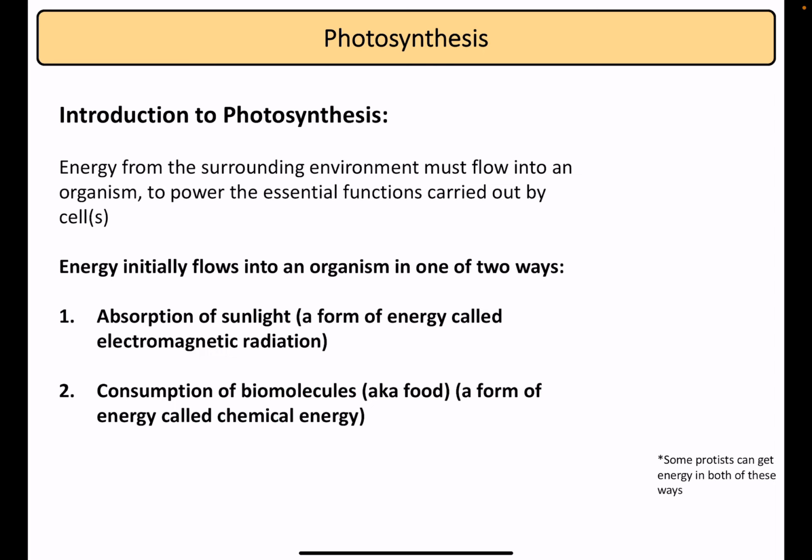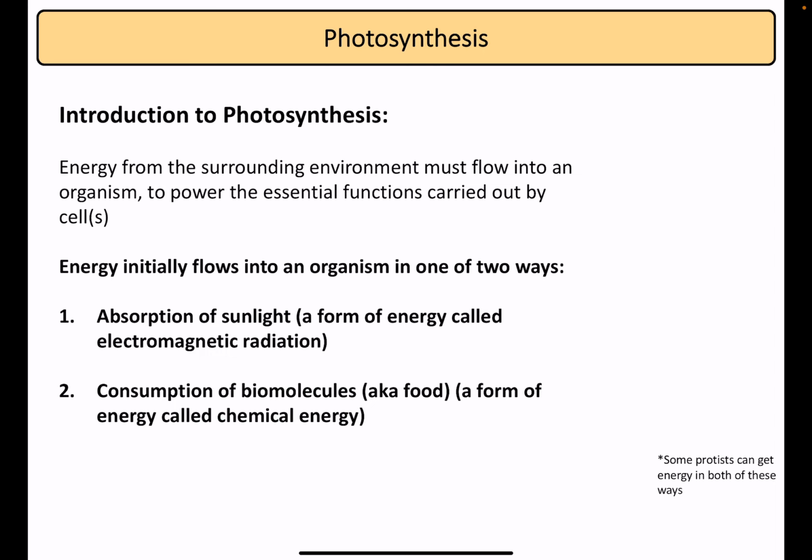If you remember back to the start of the last module, we talked about the various ways that organisms on Earth can acquire energy from their surrounding environments. We've already covered one of these two ways, which is to say that some organisms can acquire energy by consuming food and then subsequently breaking down that food to release its energy so they can build ATP.